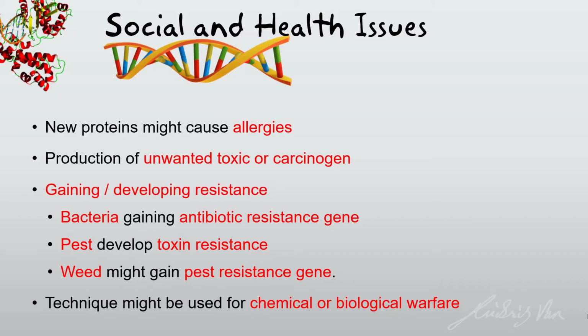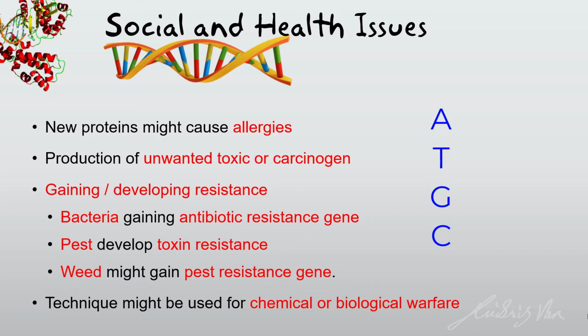Then some of you might want to ask the important question of how to memorize all of this. We can look at some of the words such as allergy, start with A, toxic, start with T, gaining, start with G, chemical, start with C. You have ATGC.